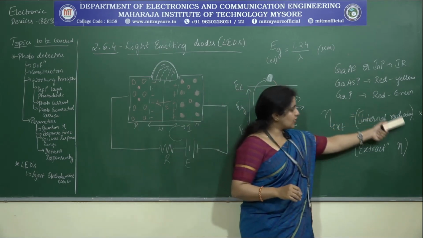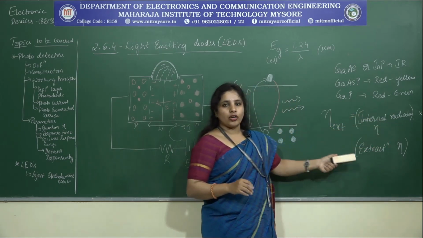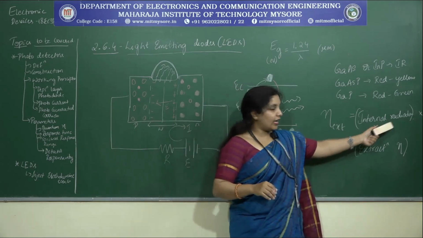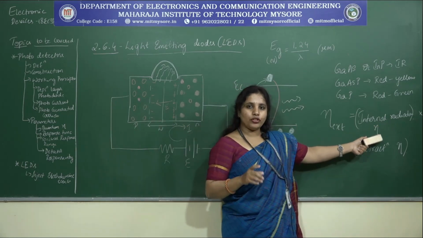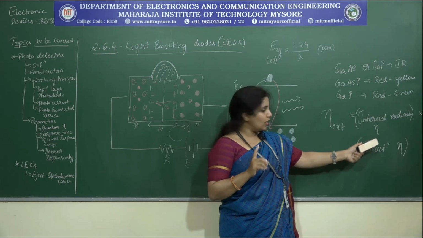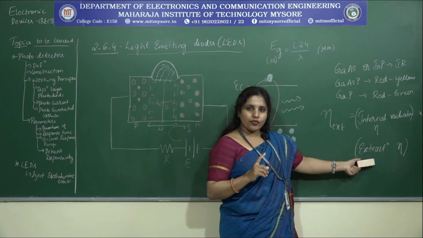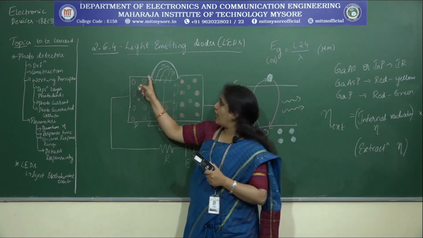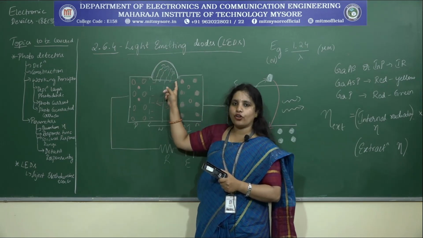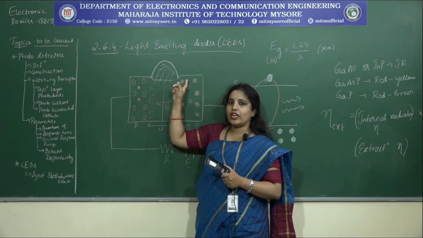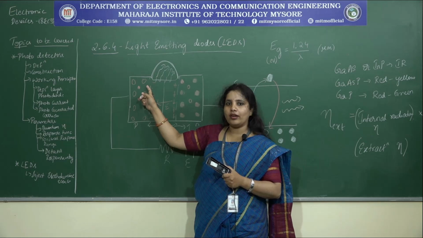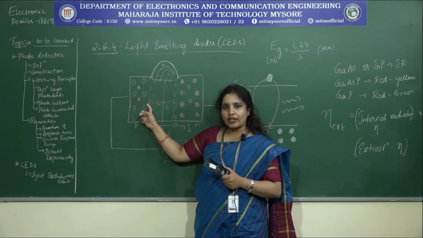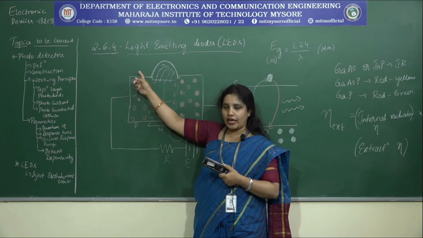And in order to ensure this is maximum, for internal radiative efficiency to be maximum, you need to ensure there are no defects in the device. In order to ensure the extraction efficiency is maximum, you need to have a dome-like structure instead of a planar structure. Now, if you have a planar structure, what will happen? The semiconductor refractive index is more than that of the air.